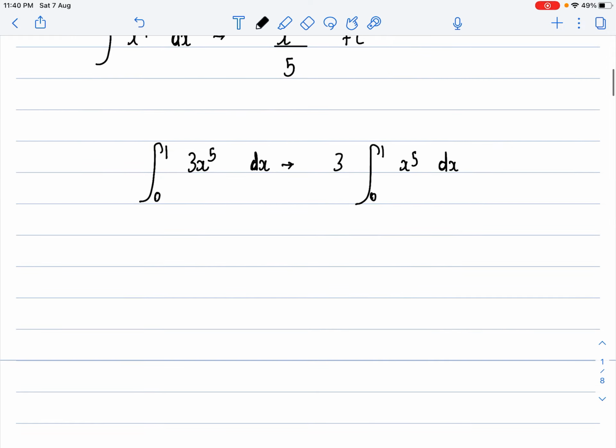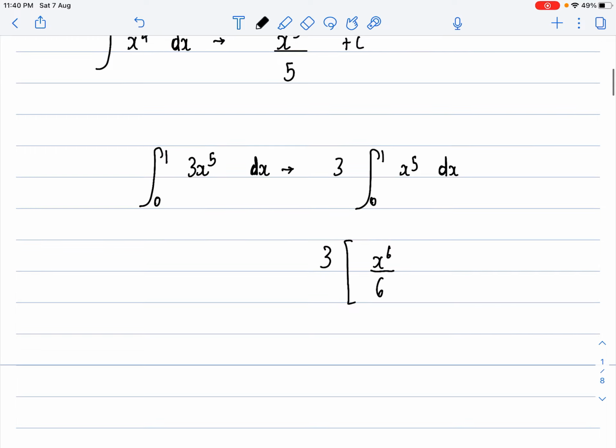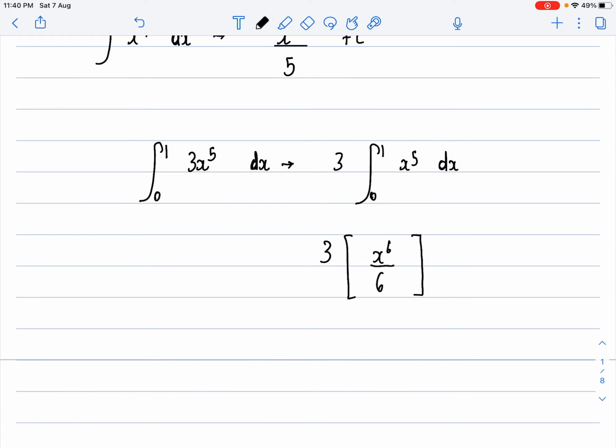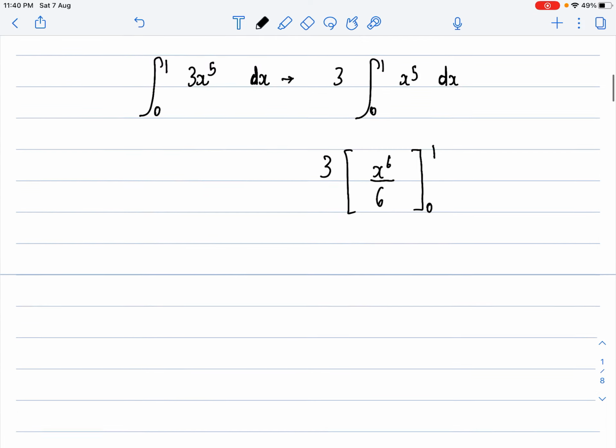So I can write this as 3 multiplied by the integration of x raised to 5, which is x raised to 6 divided by 6, because x raised to 5 plus 1 divided by 5 plus 1, with the limits 0 and 1. You don't write the c because you have limits here.